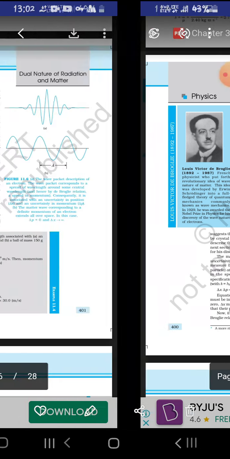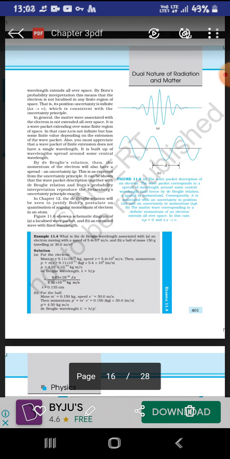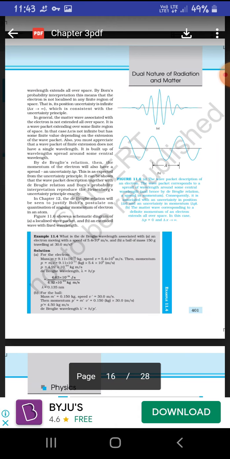After that, the wavelength extends all over space. This means that the electron is not localized in any finite region of space, and in general the matter wave associated with the electron extends all over space.